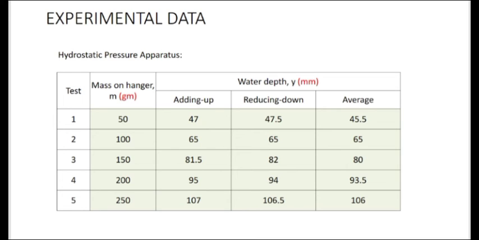Test 4. Mass on hanger 200. Adding up 95. Reducing down 94 and average 93.5. And for the last test, mass on hanger, we got 250.